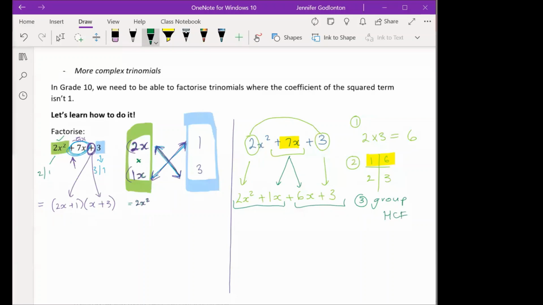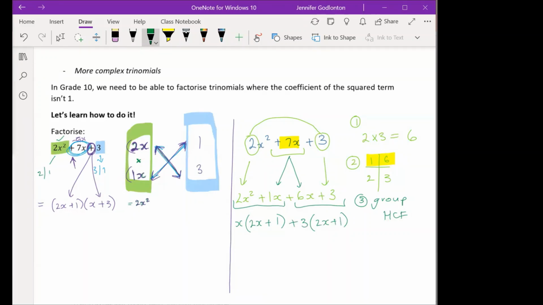So in my first 2 terms, the highest common factor is x. So I would be left with 2x plus 1. And in the second one, the highest common factor would be 3. So I'd be left with 2x plus 1.